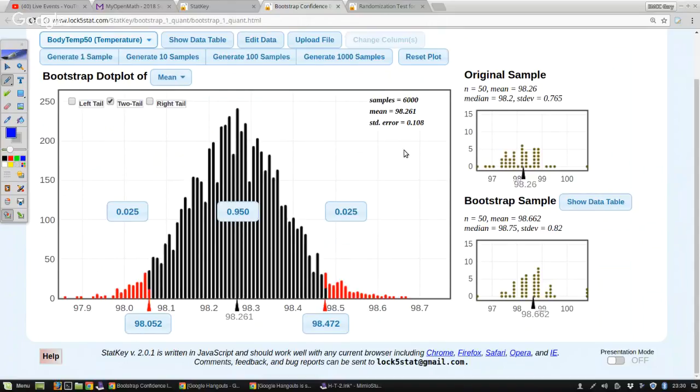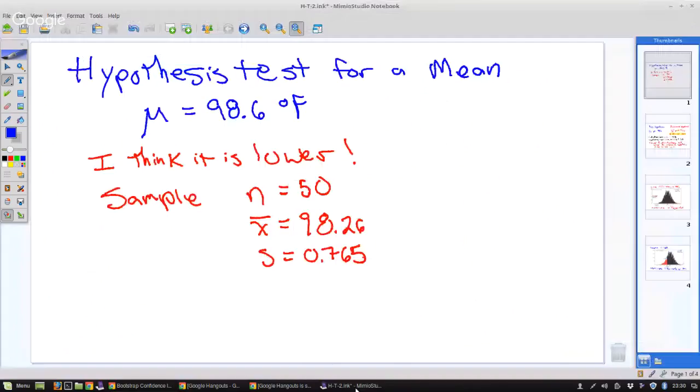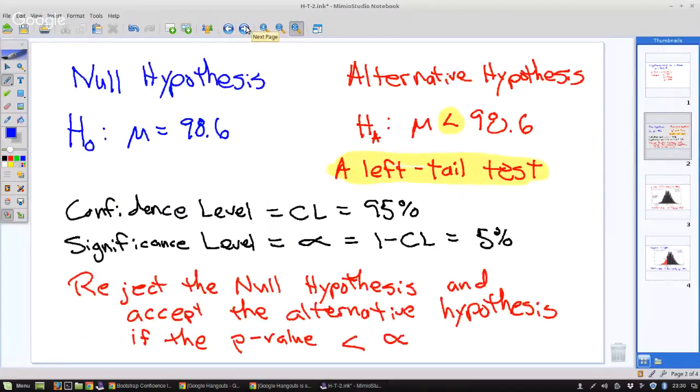Now take the emphasis slightly off the sample and use some other assumption. And here the assumption is that it is 98.6. You have an assumption, that's a hypothesis. And the null hypothesis, well, usually if you're questioning it, that's the assumption.